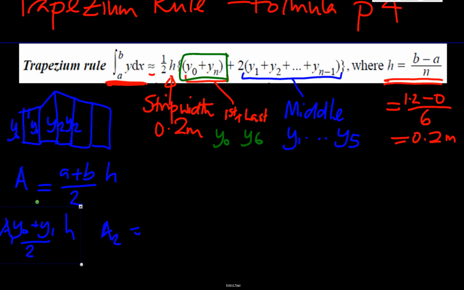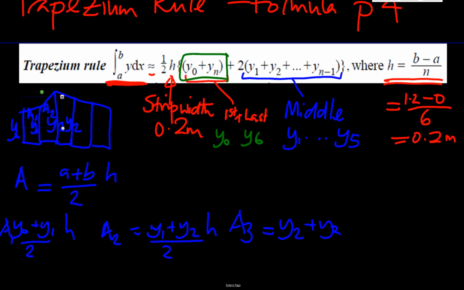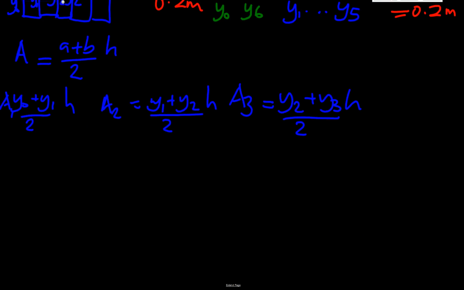And if you follow that through and you start adding them together to get the total area, we would end up with our formula, wouldn't we? We can take the h over 2 outside, because that's common in all of them. And if we looked at our first group here, we'd have our y0 plus y1. The second one, we're going to add to our y1 plus y2, etc.